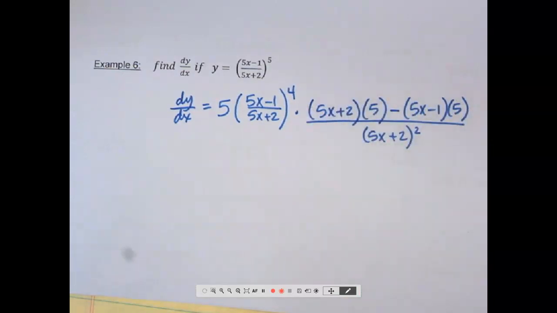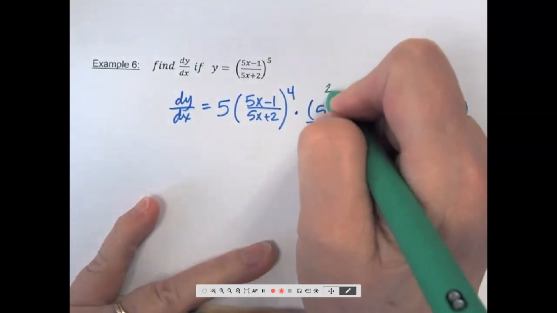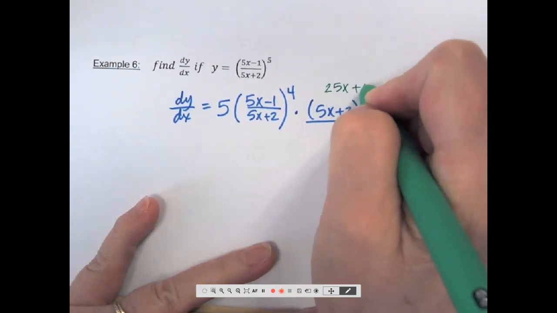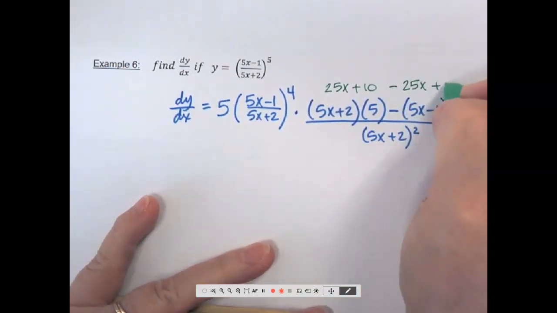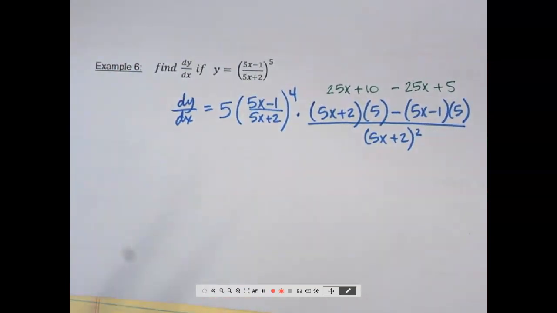Wait, so you're multiplying that one and that one? All that's multiplied. That could be your answer. Wait, why? I don't understand. Why do you have to multiply them? Because that's what the chain rule is.